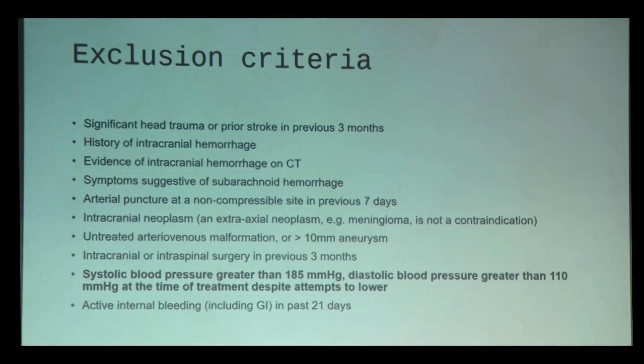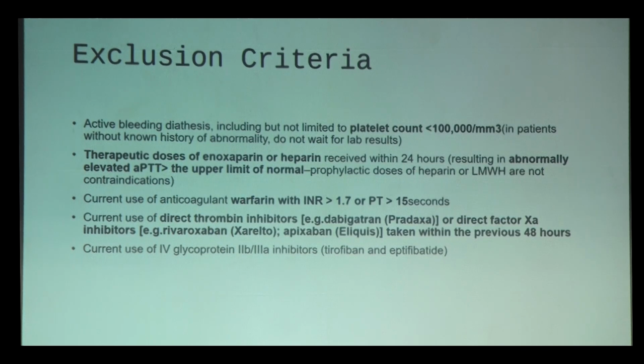3 months, and systolic blood pressure more than 185 mm Hg, and diastolic more than 110, in spite of giving antihypertensives, and active internal bleeding in the past 21 days, and also any active bleeding diathesis like GI bleed or genitourinary bleed, and also when the platelet count is less than 1 lakh, and if the patient is already taking heparin and the APTT is more than the upper limit of normal, and current use of any anticoagulation like warfarin or any newer anticoagulants like NOACs, like dabigatran or apixaban, in the previous 48 hours, and especially if the INR is more than 1.7 or the prothrombin time is more than 15 seconds.